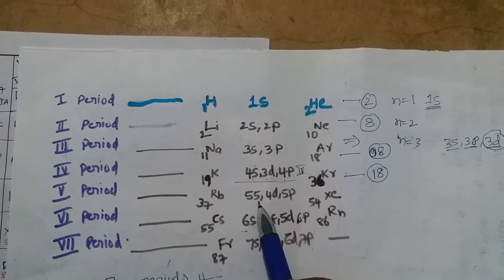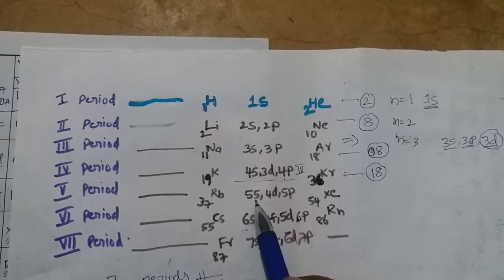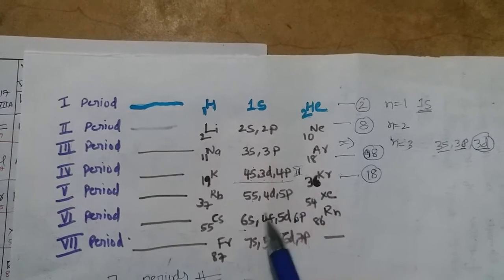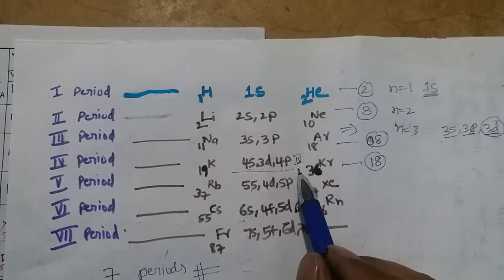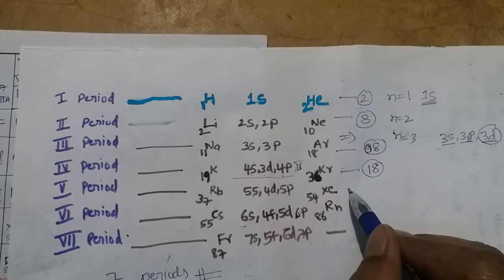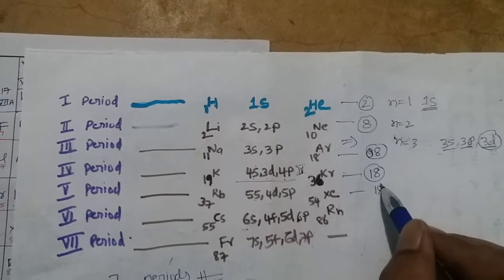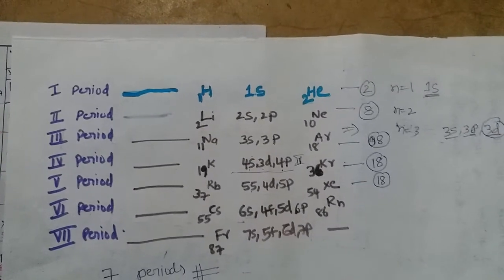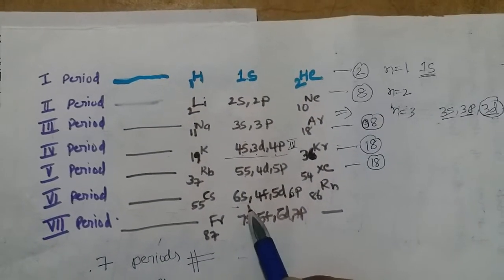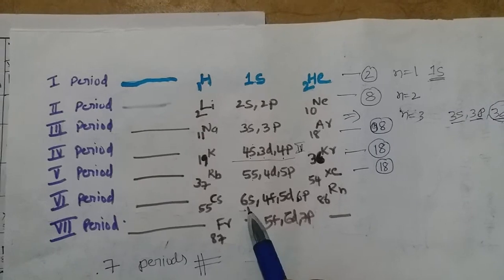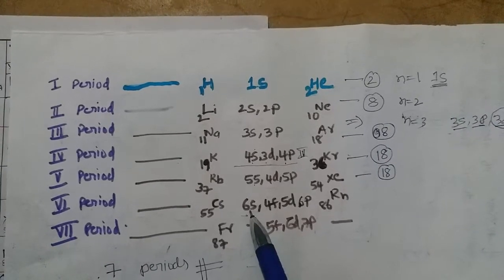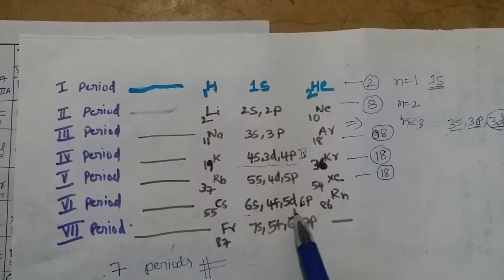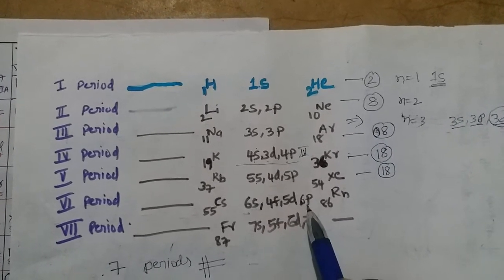Next comes the fifth period. In this also we have to fill 5s, 4d and 5p subshells, like the fourth period. Again we have 18 elements in this period. Coming to the sixth period, according to the Aufbau principle, we have to fill 6s, 4f, 5d and 6p respectively by the electrons.